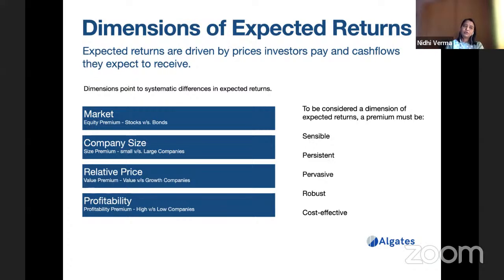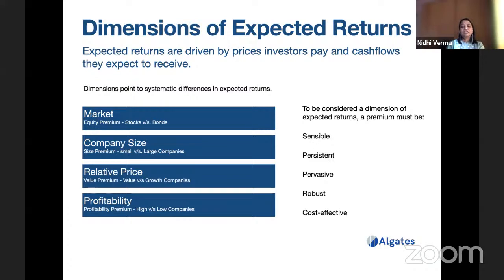So that means that you are getting that stock for cheap, and the expected cash flow from those companies is going to be good in future. But still the prices of those companies are low, so they fall into the value investment category. So here also you can expect to earn good returns if you stay invested in these stocks for quite some time. So you can expect to have better returns more than what the market has to offer.